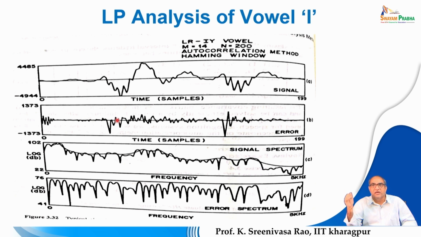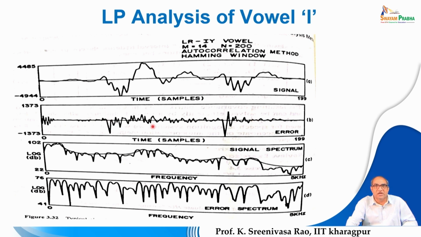That sudden change in signal amplitude cannot be predicted from the previous samples, and hence you observe the maximum error at periodic locations, or at the locations of glottal closure in the voiced segment.